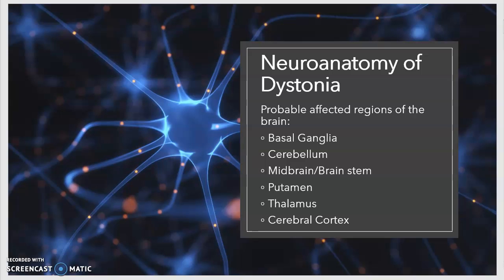Evidence suggests that the cerebellum may also be involved in the development of dystonia, because unlike the basal ganglia, which only receives sensory information indirectly, the cerebellum receives sensory input directly from the spinal cord through the inferior cerebellar peduncles.